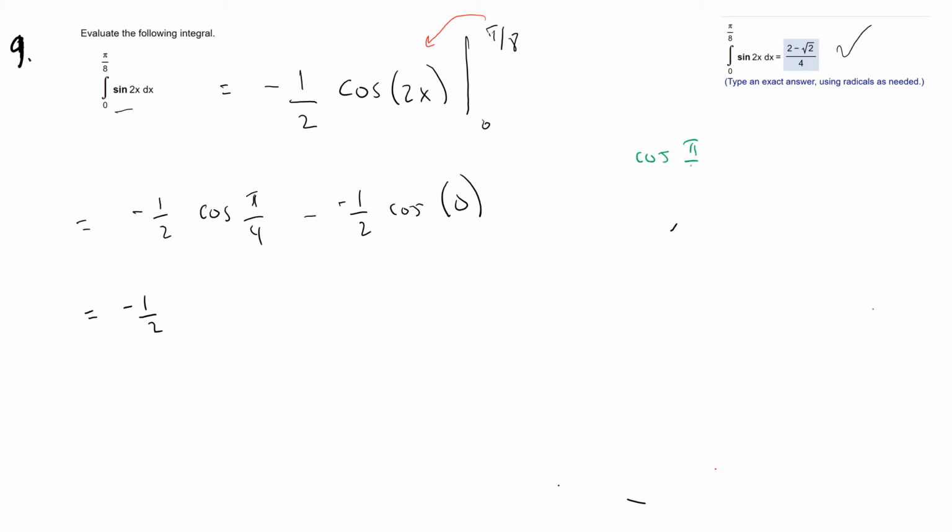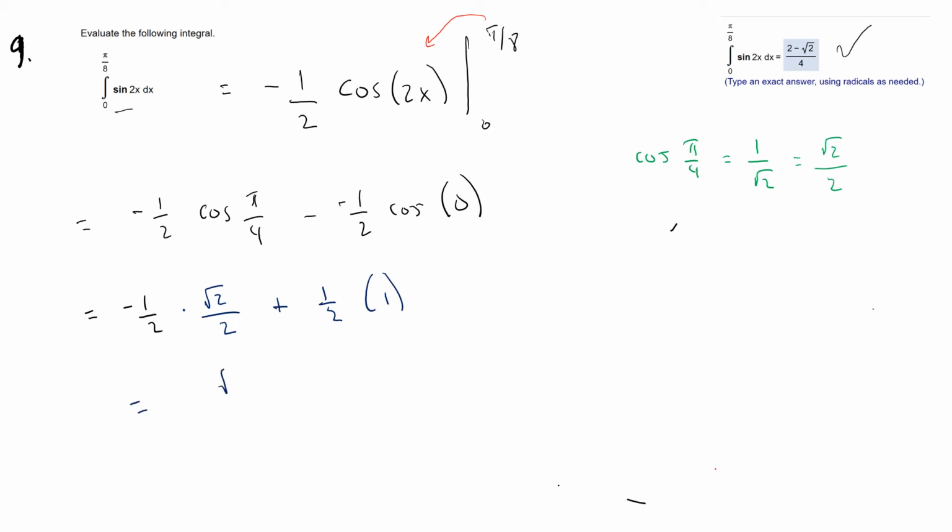Cosine pi over 4 is 1 over square root 2. Or if you rationalize that, it'd be square root 2 over 2. And so cosine pi over 4 is square root 2 over 2 plus 1/2. Cosine of 0 is 1.